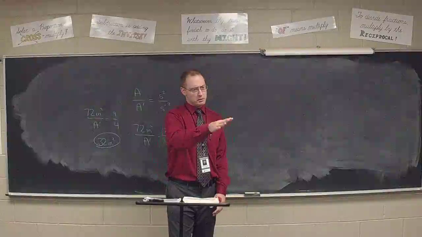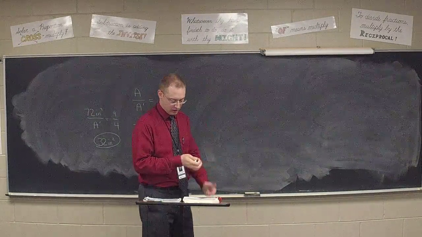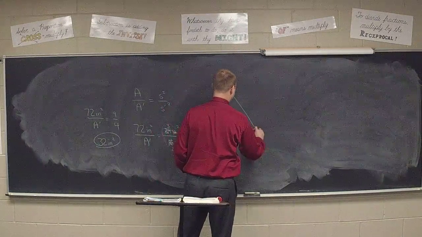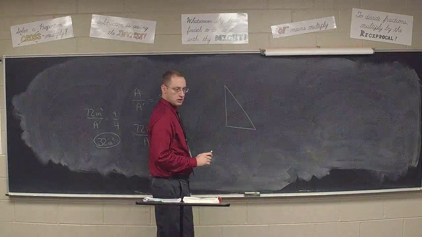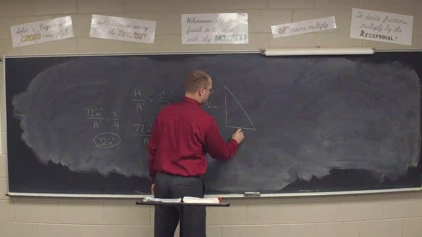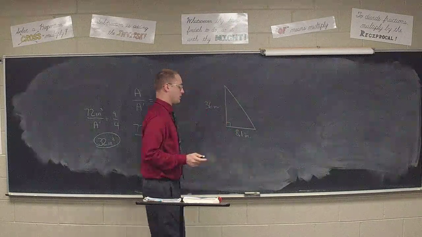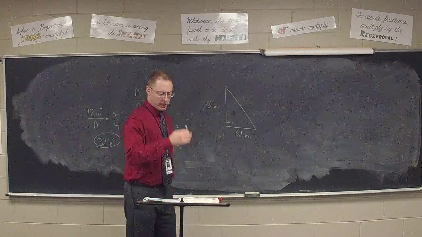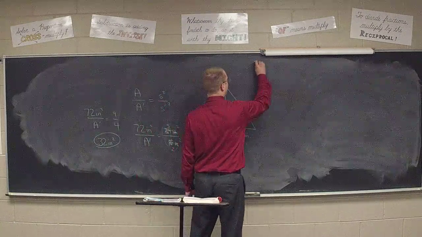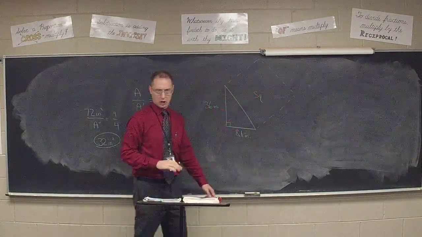But 2 different shapes are mentioned to me, Genesis. The 2 shapes are a right triangle and then a square. So I start with a right triangle, and what does it tell me about the right triangle? That the legs of the right triangle are 36 inches and 8.1 inches. I hate decimals, but oh well, here we go. And then it tells me what about the square? It is on the hypotenuse. That's all it tells me.